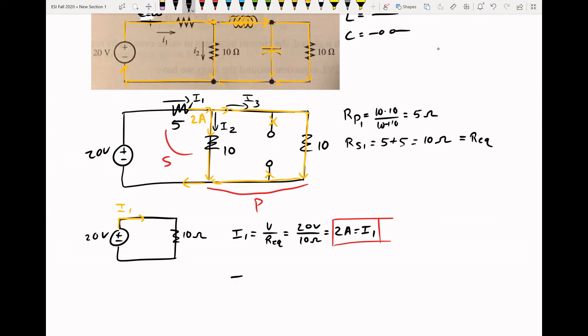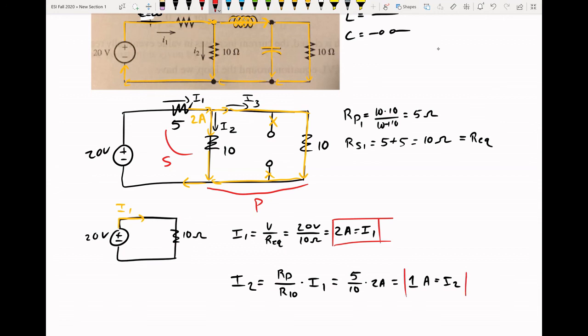So I2 will be R parallel over R10 times I1, which is 5 over 10 times 2 amps. Therefore, we get 1 amp for I2.